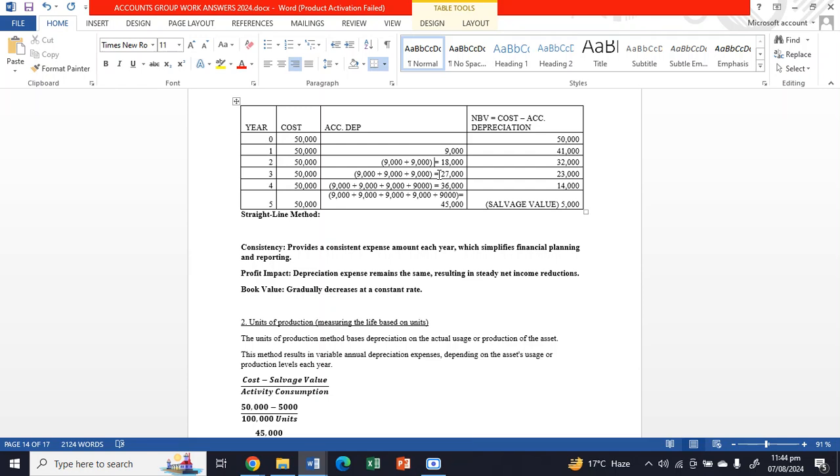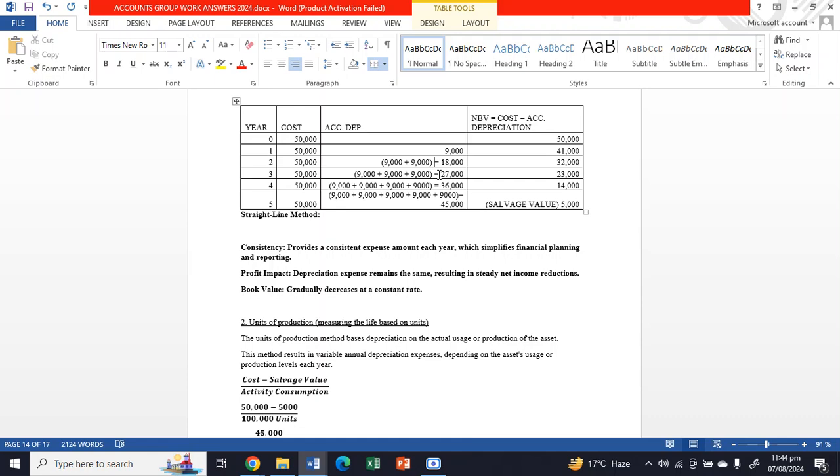With the units of production method, also if you are producing the same amount of goods over and over, then you're going to have a fixed depreciation expense. And also in the balance sheet, the value of the asset will reduce steadily. But in reality, you won't always be producing the same amount every year.